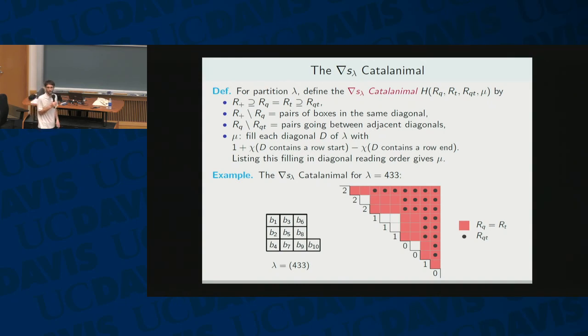Luckily, my collaborator, George Seelinger, is going to tell you more about this in the next talk, so I think I'm going to skip over the details here. But you can at least see a picture to get the idea that there's some interesting combinatorics involved here.